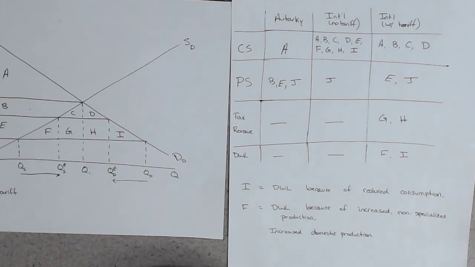In fact, they had a comparative disadvantage in producing it. And so they use more resources to produce these goods than their foreign counterparts would.